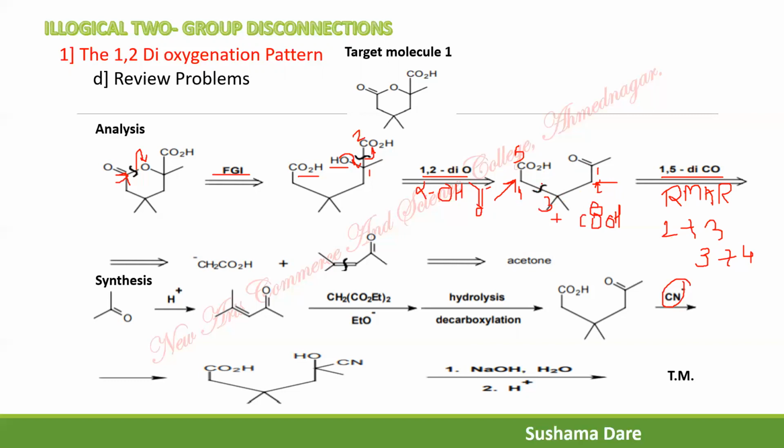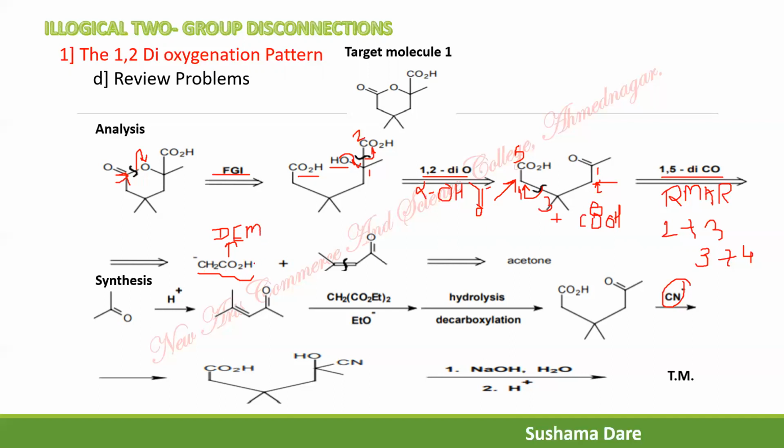Now here, which bond disconnection is considered? This bond is disconnected in the direction of the alpha carbon. The reason behind it is that the synthon, the donor synthon generated after the disconnection, is CH2 minus COOH, and the best synthetic equivalent for this is diethyl malonate.